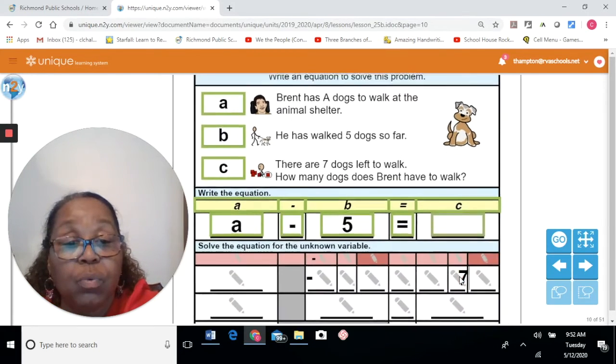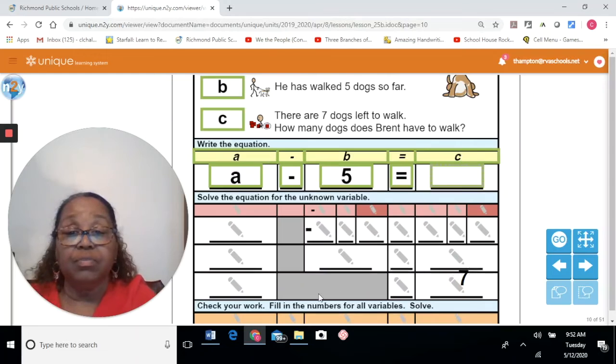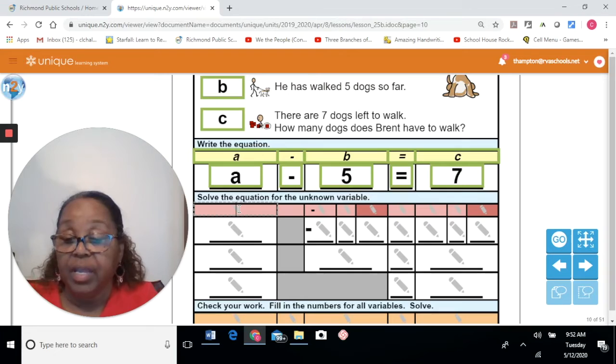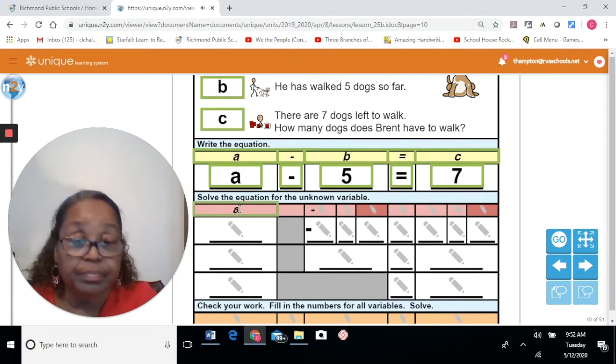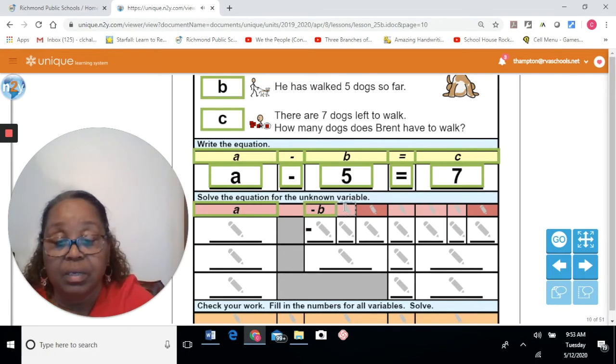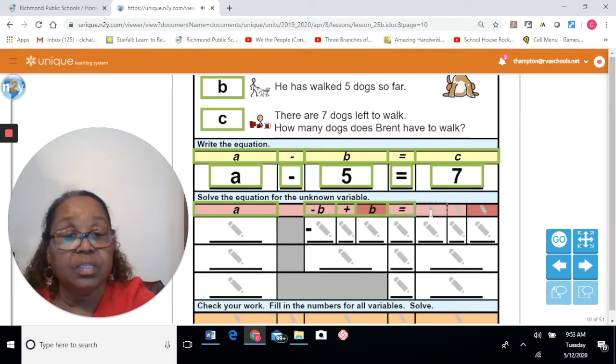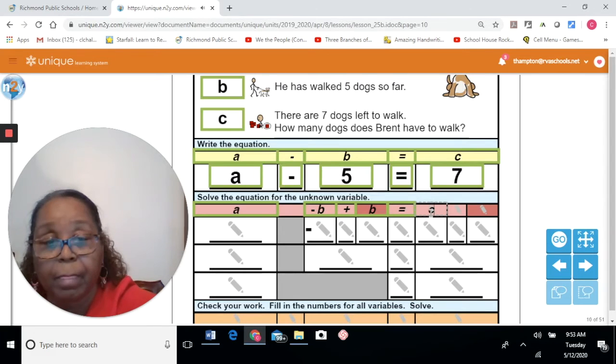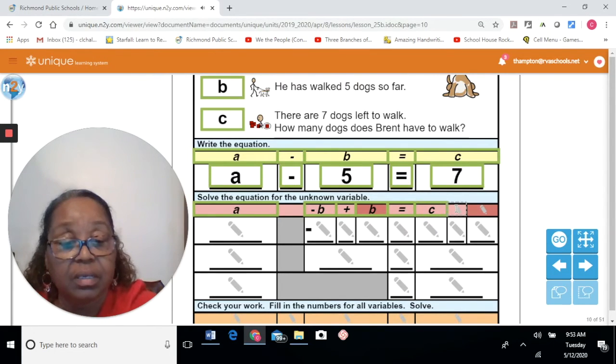All right, let's see if it works. Let's see if it will work. Solve the equation. So here we have A minus B plus B will equal C, oh, we added this time.